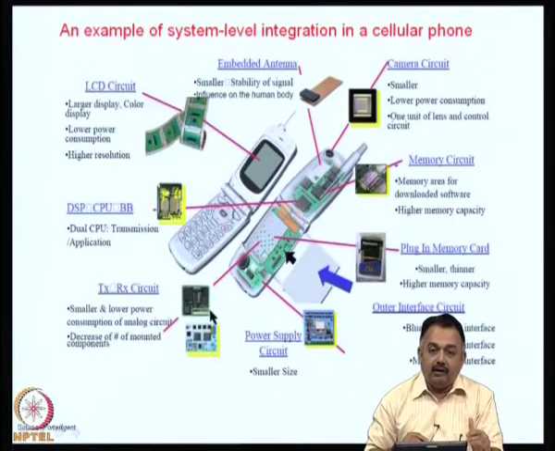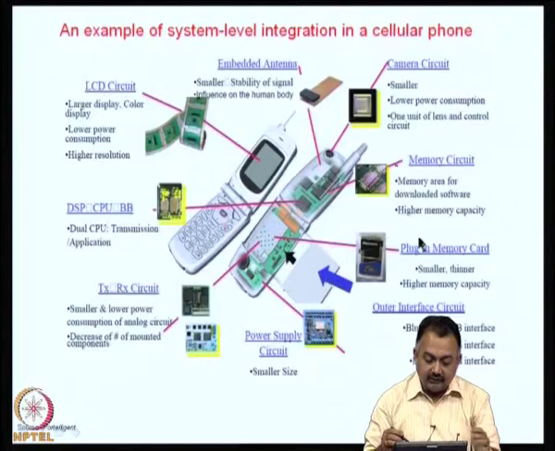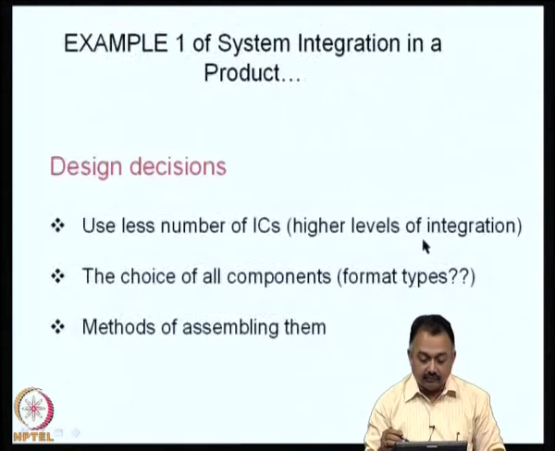Along with that, you get better electrical performance and a better thermal performance. So, this is a very good example of system level integration in a cell phone.